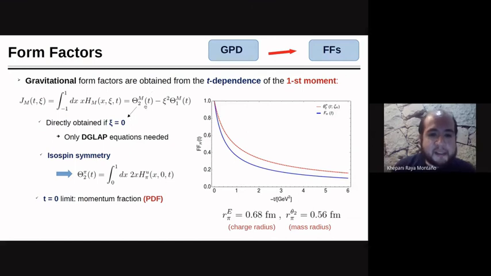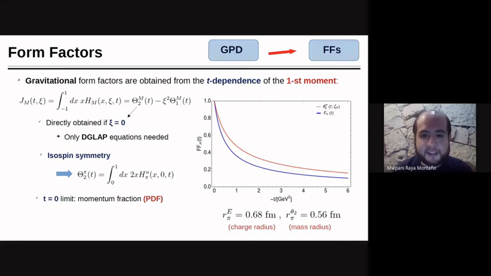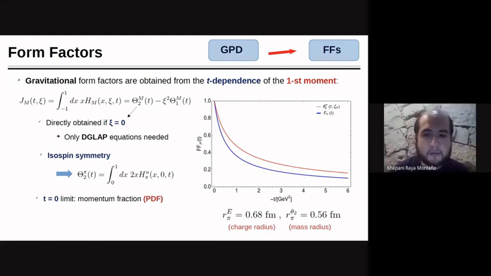Exactly, it has to do with the energy momentum tensor. In particular, theta 2 will tell us about the momentum distribution, about the mass distribution within the hadron, and theta 1, which is the one we cannot get from the light front wave function approach, has to do with the mechanical properties, the shear and the pressure, called the gravitational form factor.